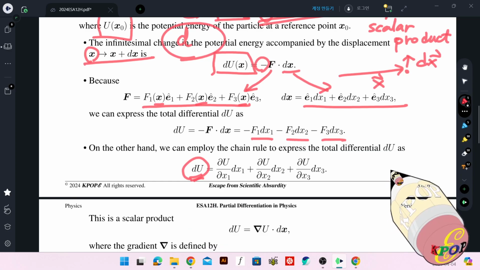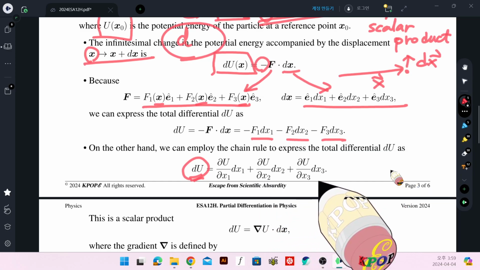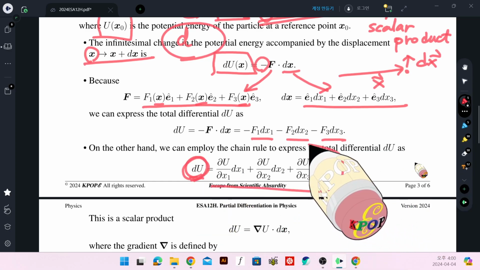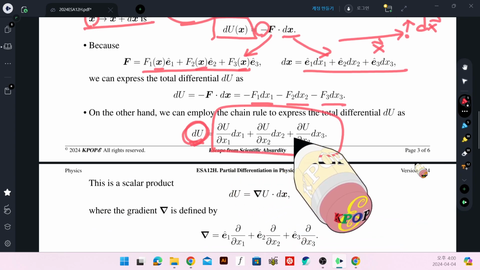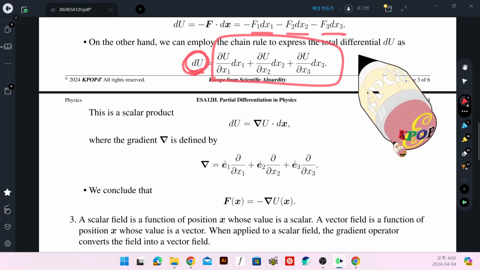So applying the chain rule for the three variables, x1, x2, and x3, our total differential of the potential energy is expressed in this form. Again, it's nothing but the scalar product of two vectors.